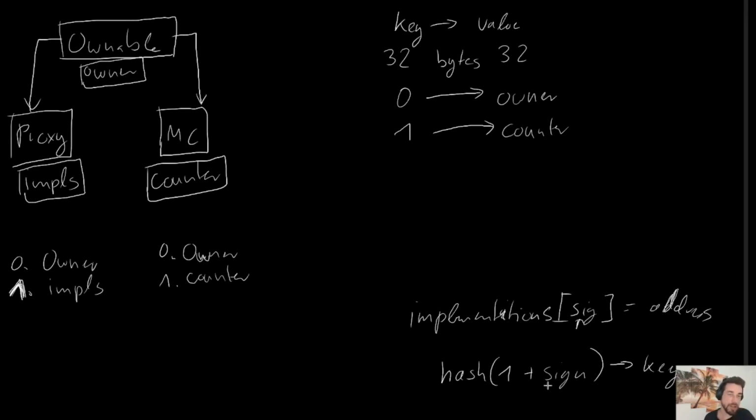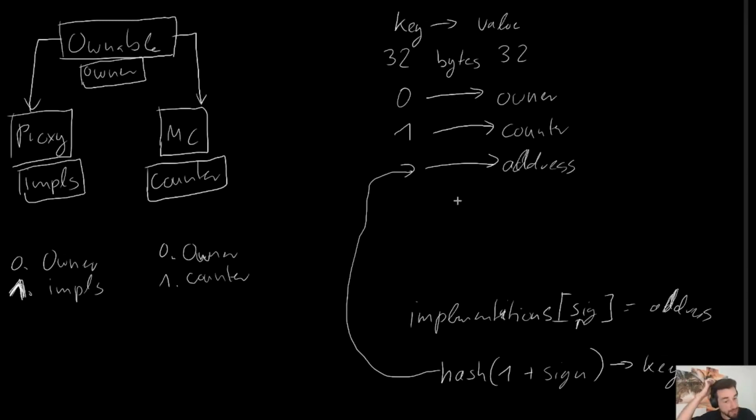Since hashes are kind of random, the result will be some very big number, some very random 32 bytes. At these random looking 32 bytes, this implementation of this signature, this address, will end up being stored. So at the end, there is actually no clash between the counter and implementations. This is completely fine, even though it should be avoided because this is kind of fishy. You probably shouldn't do it this way.